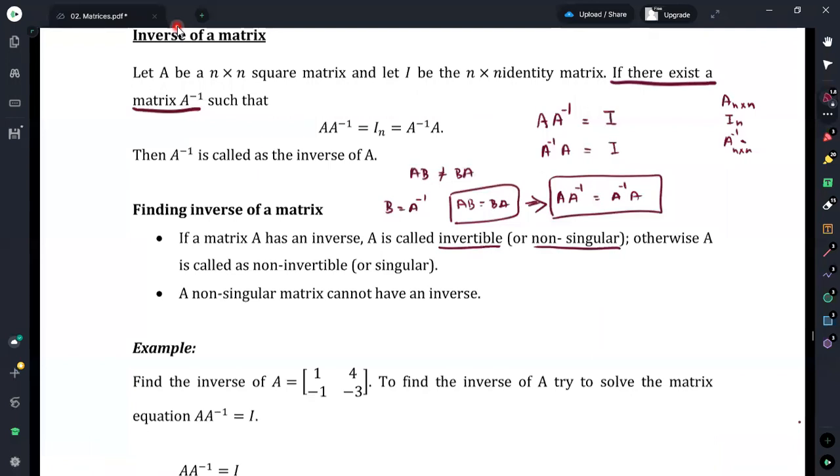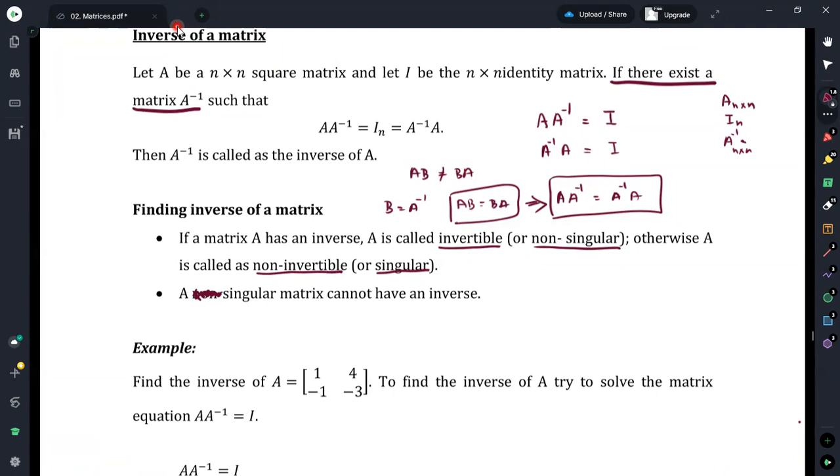Otherwise, we say the matrix A is non-invertible, or we call such a matrix a singular matrix. Therefore, it is not non-singular. We can say that a singular matrix cannot have an inverse.